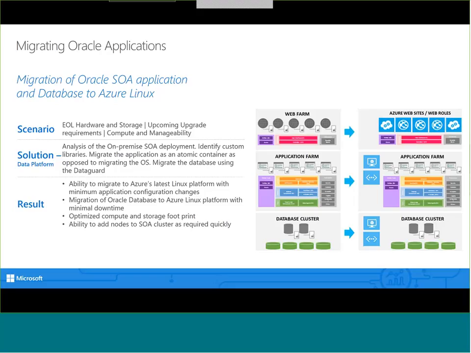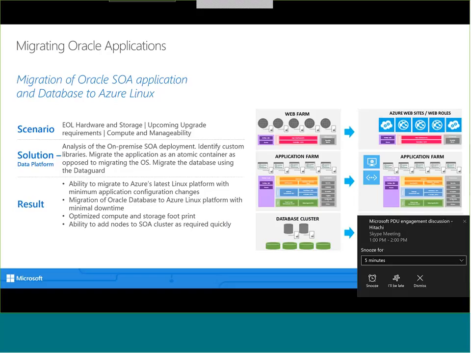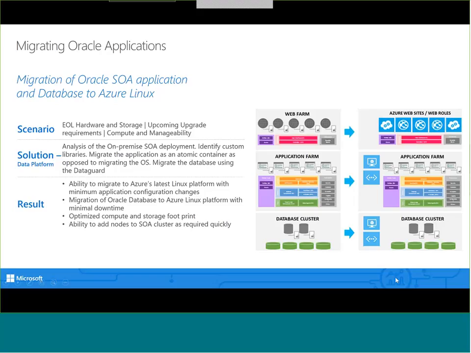All the data has been synced seamlessly, and the cutover had been very efficient. This basically helps in terms of minimal downtime, getting the server application into the Azure platform very effectively.